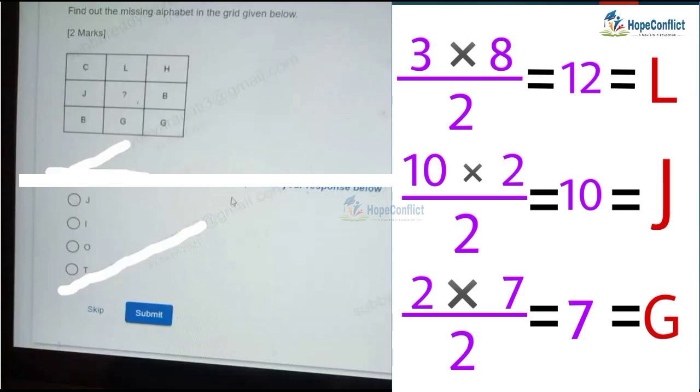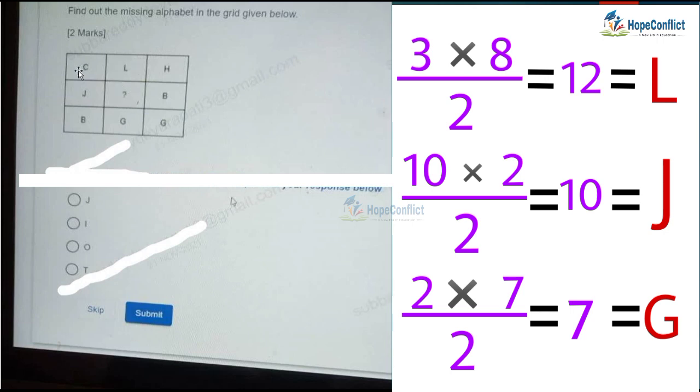For the next question, if we consider row 1, we take the corresponding numeric code for the alphabets. For C it is 3 and for H it is 8, and if we divide it by 2, then we will get the code number for the middle column, that is the second.